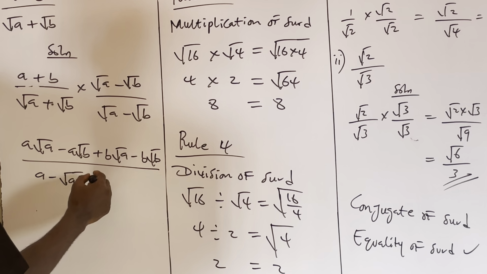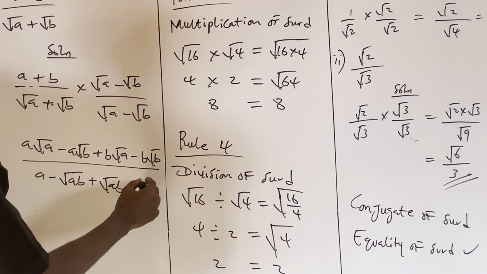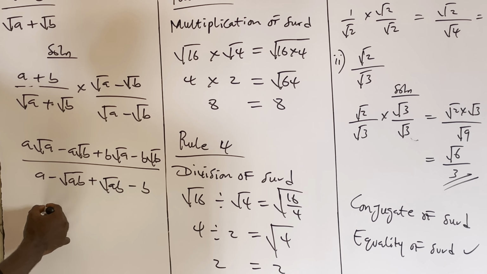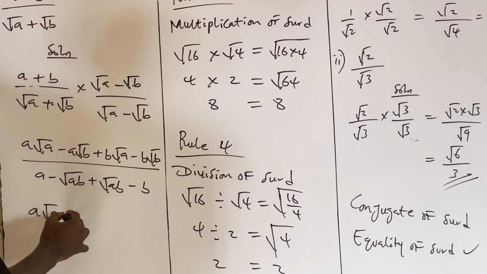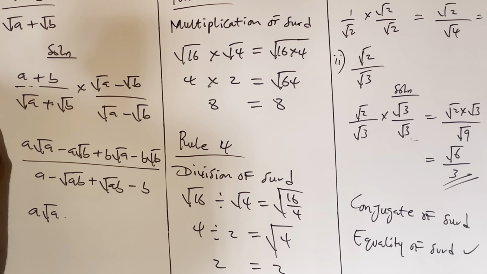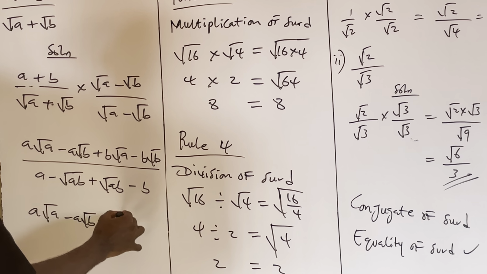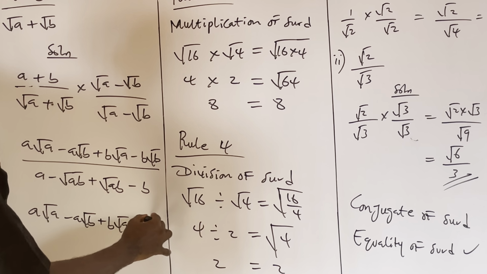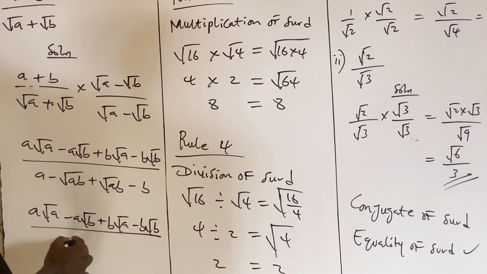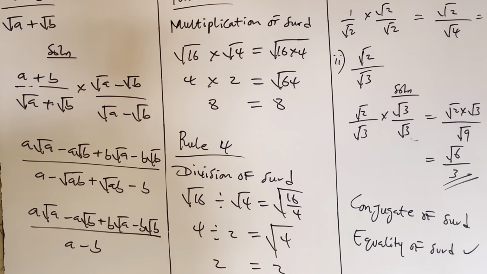This times this will give us plus root AB. And this times this will give us minus B. We then have A root A minus A root B plus B root A minus B root B over A minus B, because these two will cancel out. Did you understand?